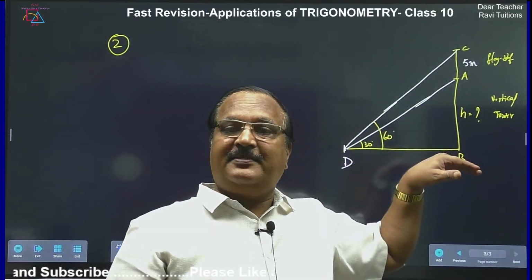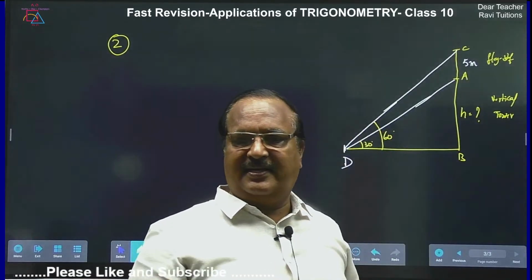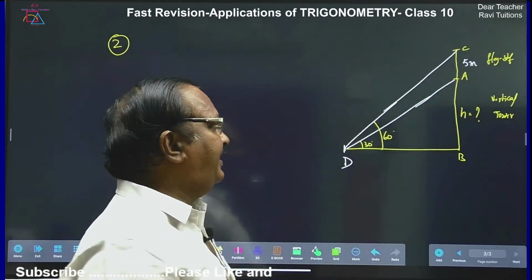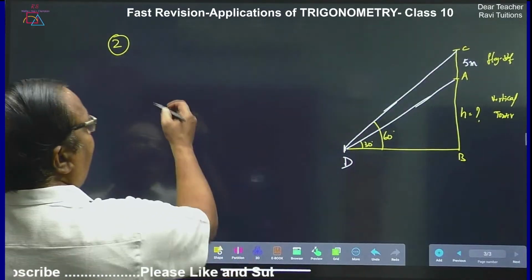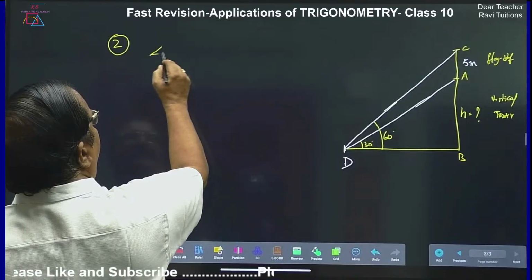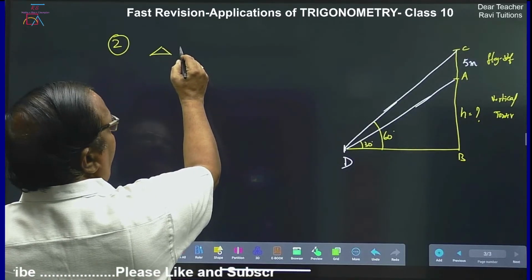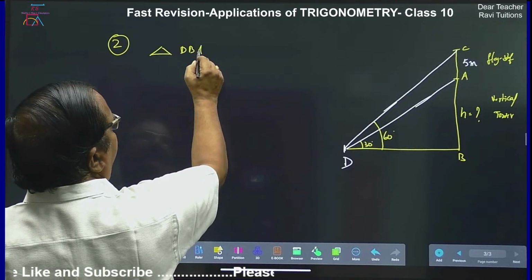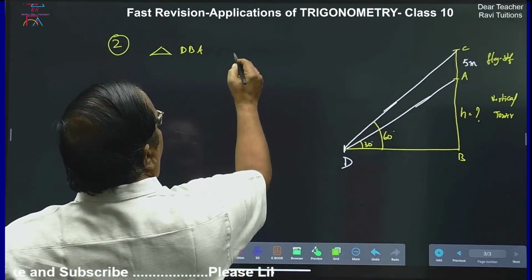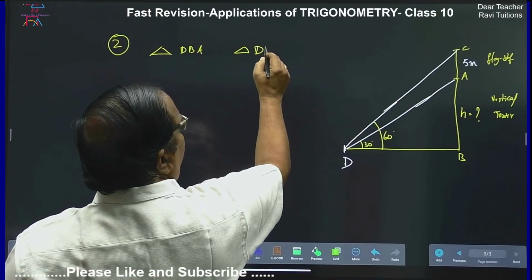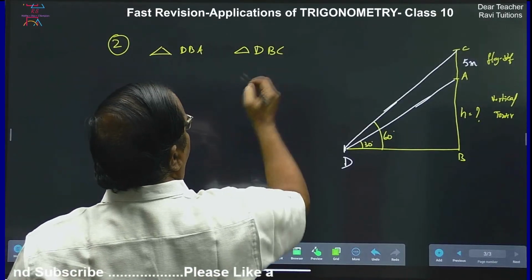So in this, two right angle triangles are there. What are the two right angle triangles? Let me identify both. Triangle DBA is one right angle triangle, the smaller one. Next, triangle DBC is one more right angle triangle.